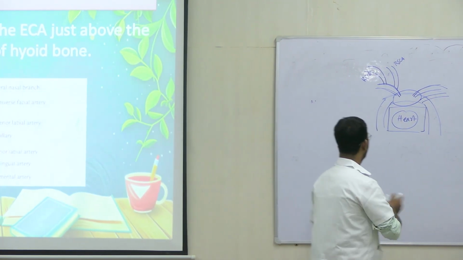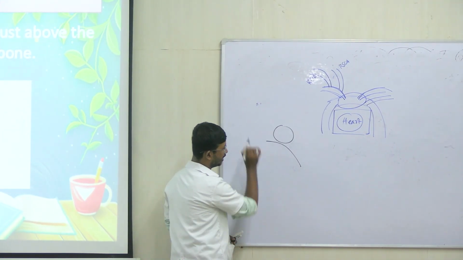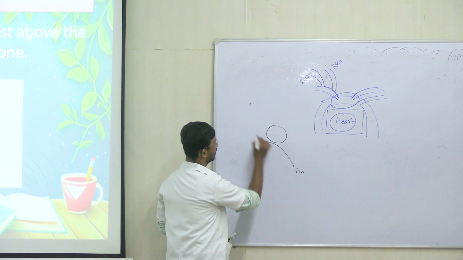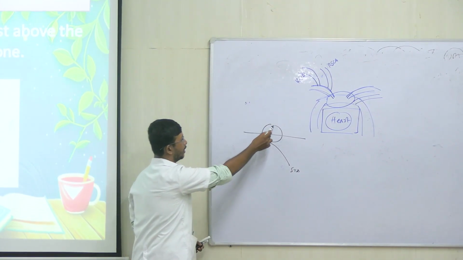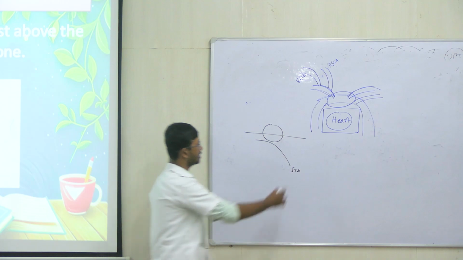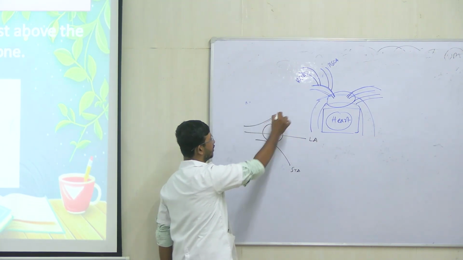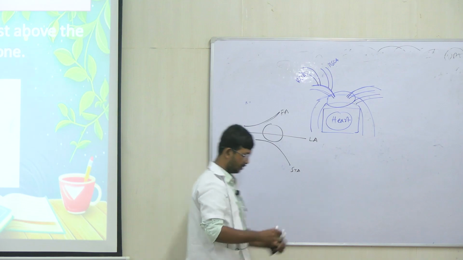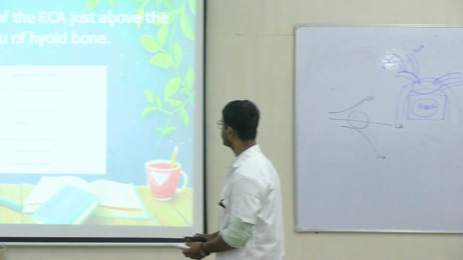From the lower part arises the superior thyroid artery. From the junction, at the front of the greater cornu, arises your lingual artery, and on the superior part arises your facial artery. That is how important the greater cornu of the hyoid is.